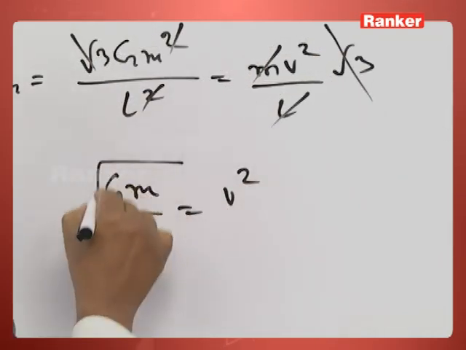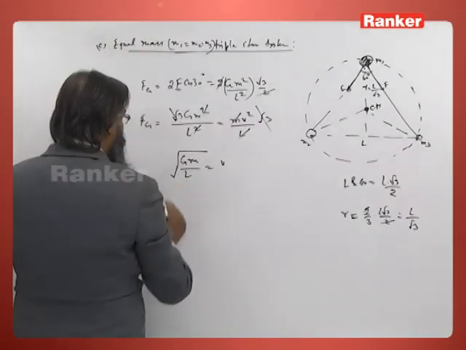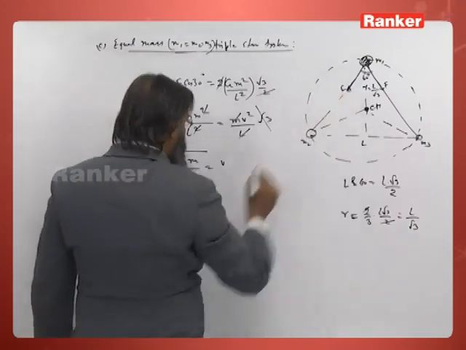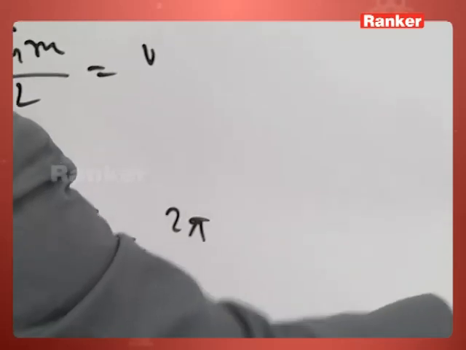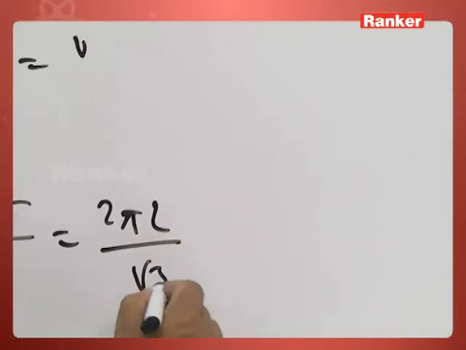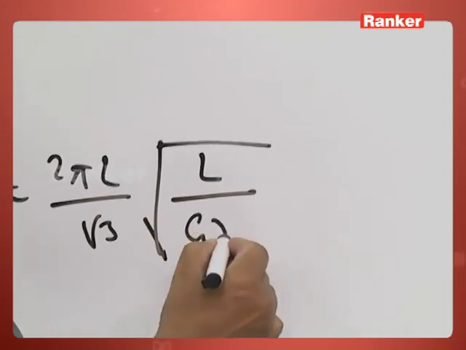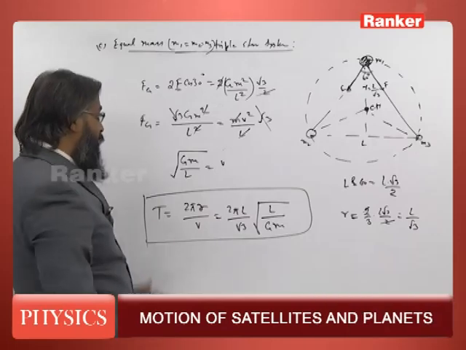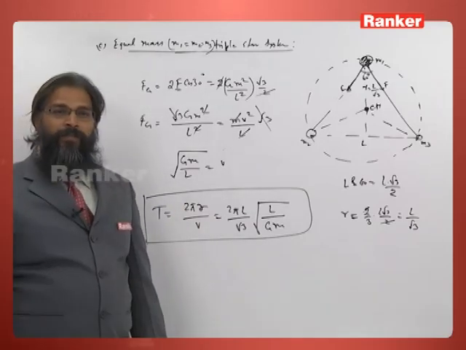So, v is equal to root over G m by L. Now, time period is 2 pi r by v, where r is again L by root 3 and v is root G m by L. So, this is the expression for the time period of a triple star system.